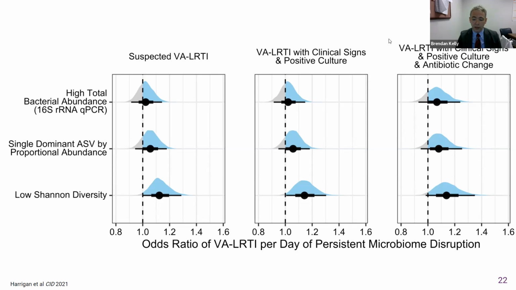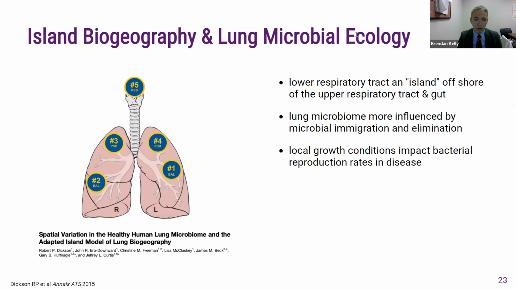Across all of these definitions, there was a trend for these microbiome biomarkers to predict VAP risk, but low diversity was consistently the winner in terms of best predicting risk.